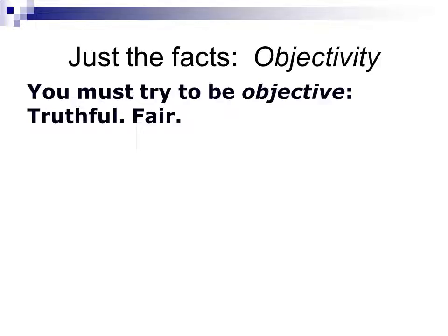Objectivity, as opposed to its counterpart, subjectivity, is an interesting approach. Interesting in the sense that to be objective as a reporter means that who you are as a person, and your personal opinions and biases, should not be a part of how you report and tell your story.